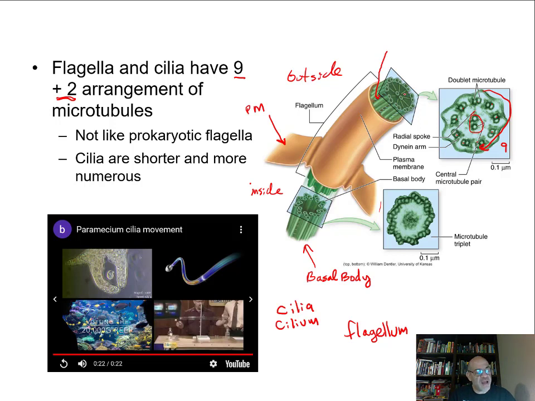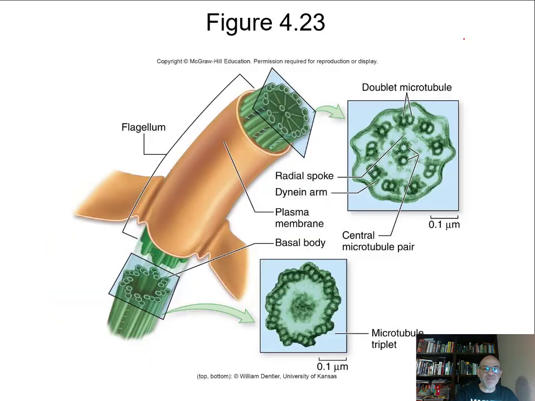And so this is a lot more complex of a structure, the flagellum itself, in terms of that extension that extends outward from the cell. And so these flagella, just like the cilia, will wave back and forth in that movement. So those microtubules become involved in movement when it comes to the waving motion of cilia and flagella.